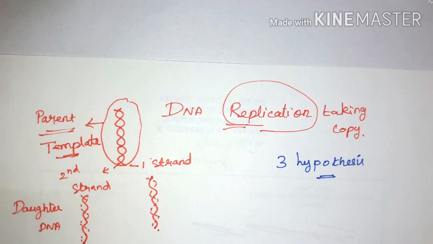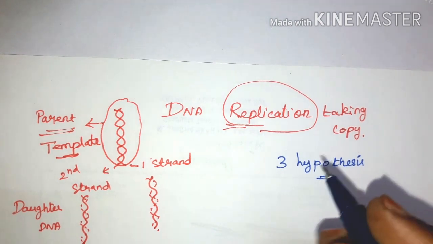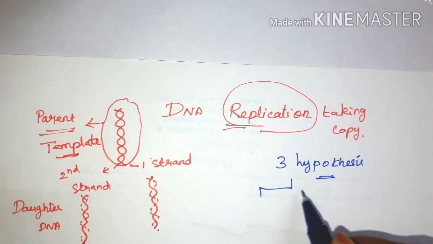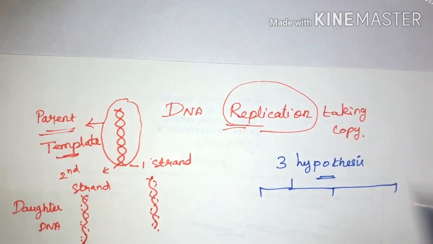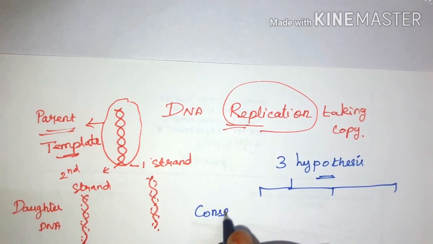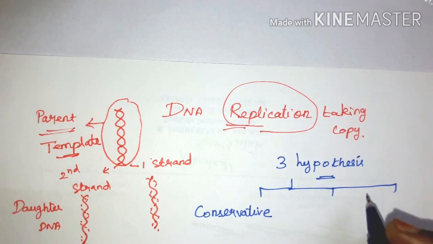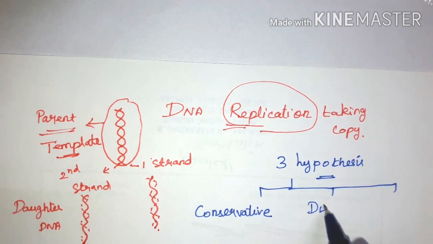So what are the hypotheses? There are three. The first one is conservative. The second one is dispersive.